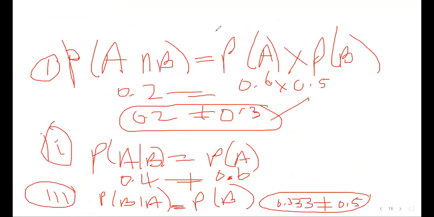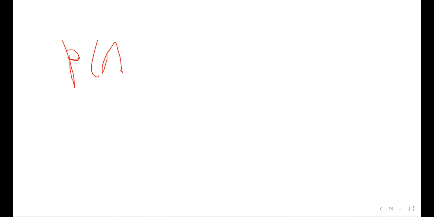So if you are given another example here, let's say you are given a probability of A. I want people to participate now.